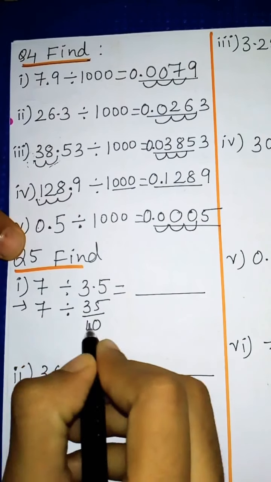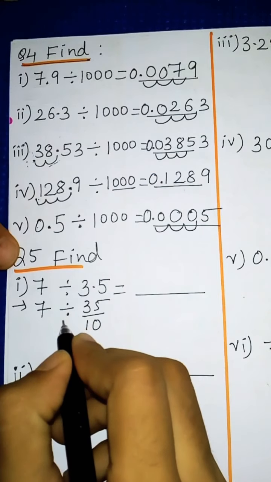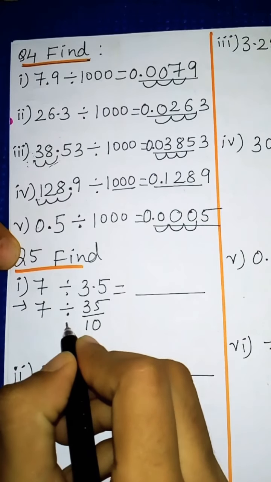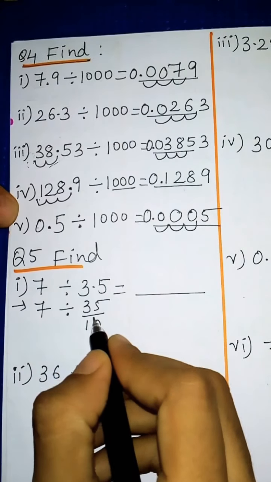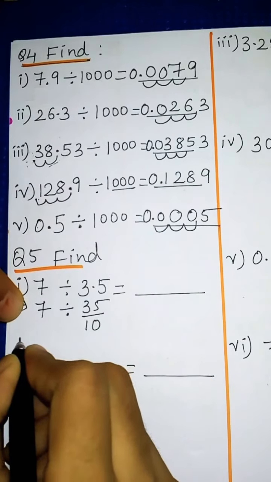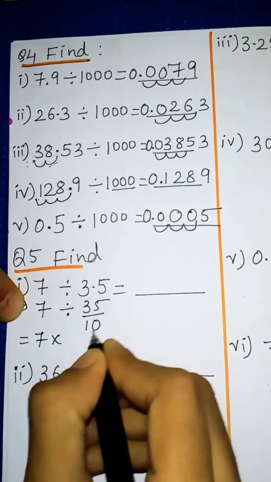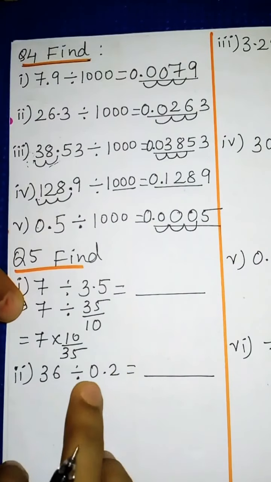So division में directly ये cancellation नहीं होगा. So we will change the sign of division and division की जगह पे we will keep multiplication sign and the next number उसके बाद वाला जो भी है that number's reciprocal we will take, this fraction's reciprocal. So it will be 7 multiplied by 10 upon 35.